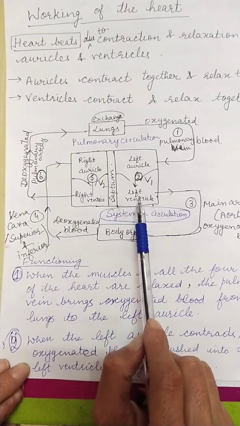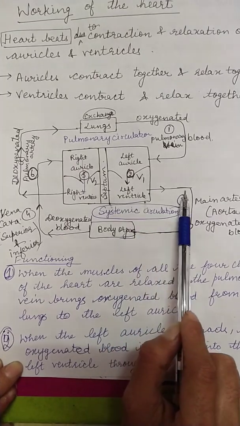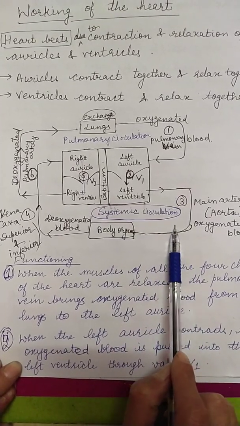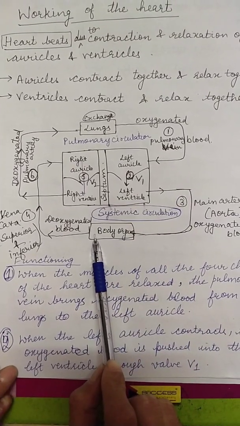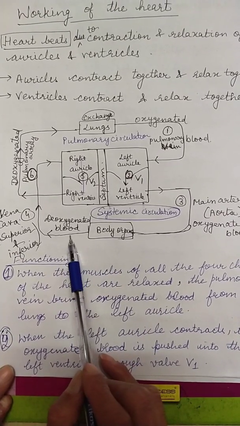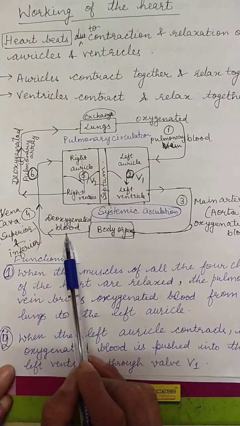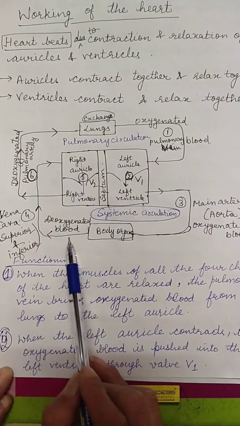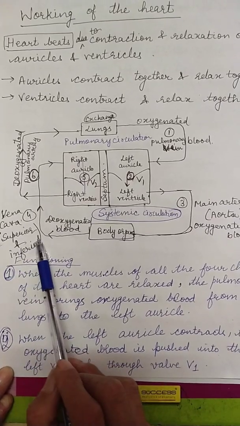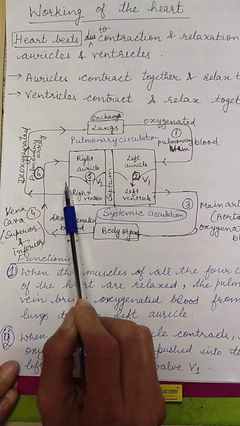When the left ventricle contracts, V1 closes and the blood is pushed into the aorta, from where it reaches the body organs. From the body organs, the blood carries the carbon dioxide, and this carbon dioxide rich blood is called deoxygenated blood, which through the superior and the inferior vena cava enters the right auricle.